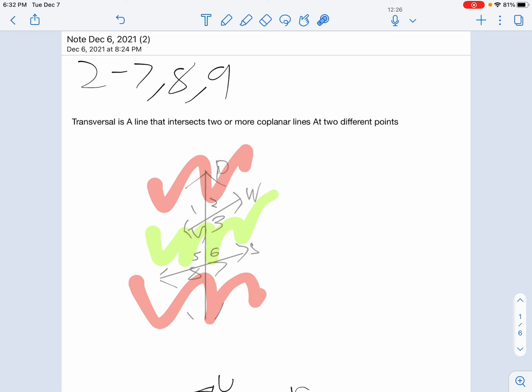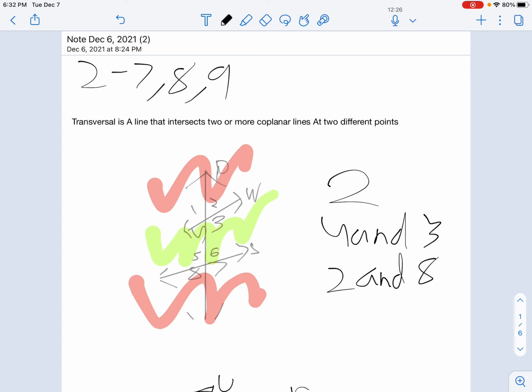Now, there are other angles, and the first one we're going to talk about are consecutive interior angles. These angles are made up of 2 numbers, so it'd be 4 and 3, or just 2 numbers, like 2 and 8.